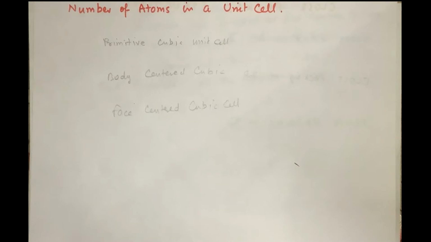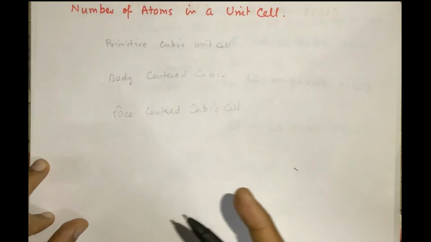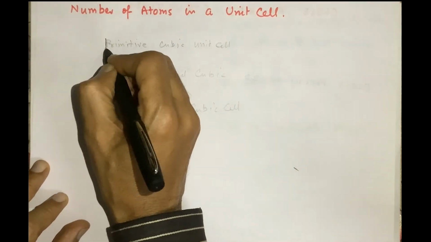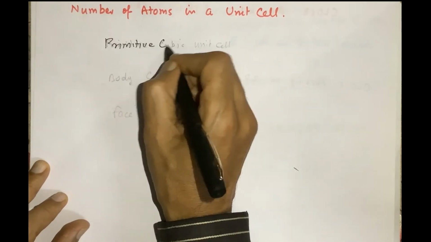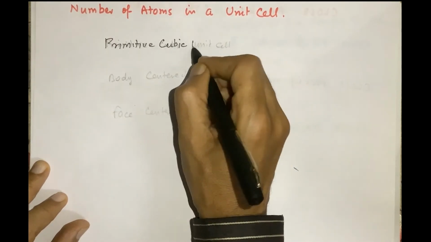They may be atoms, molecules, or ions, and these constituent particles are located in a unit cell at different positions. So first we will consider primitive cubic unit cell.